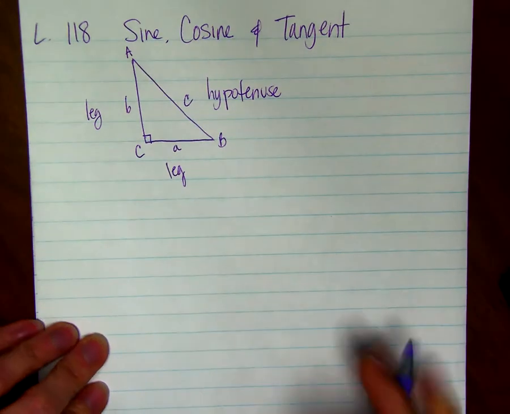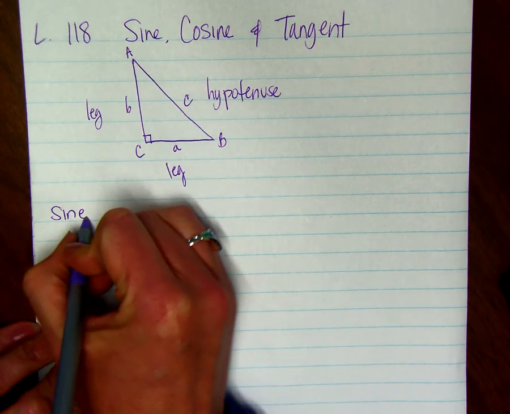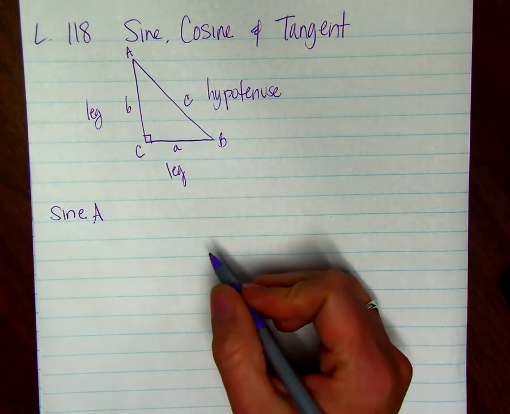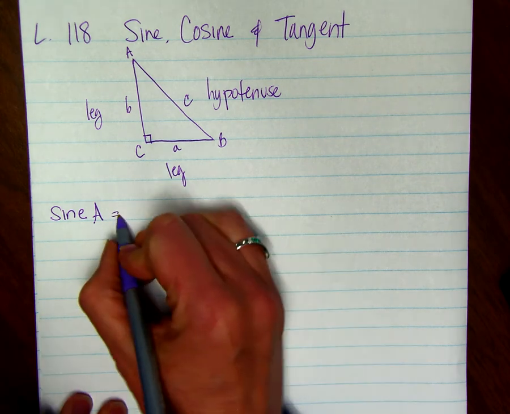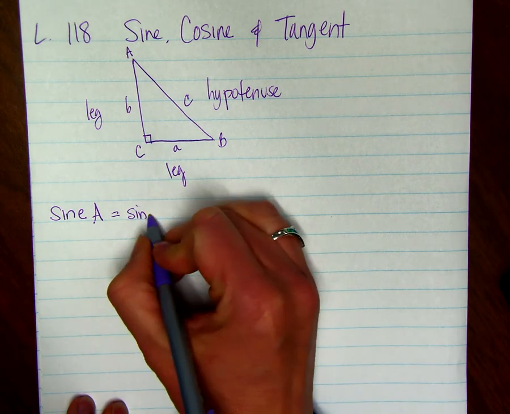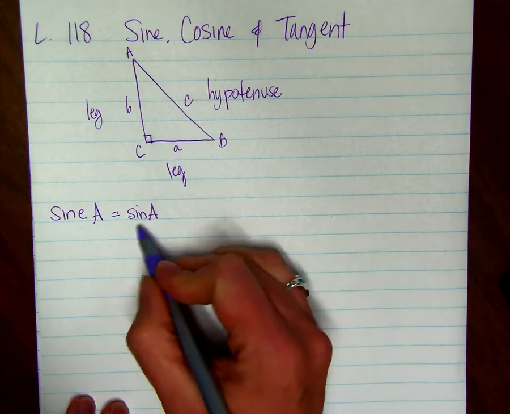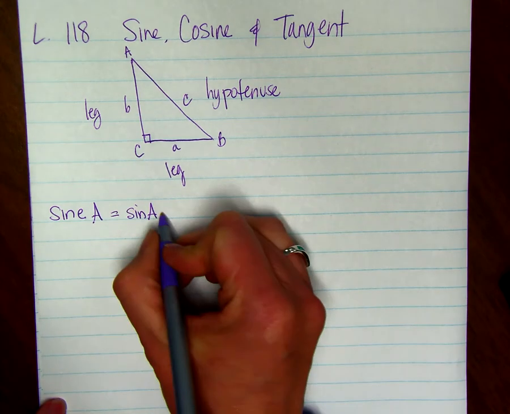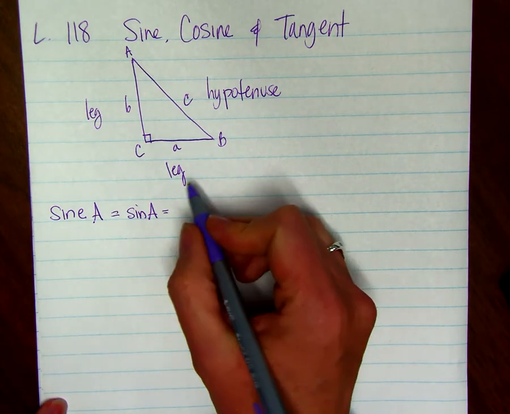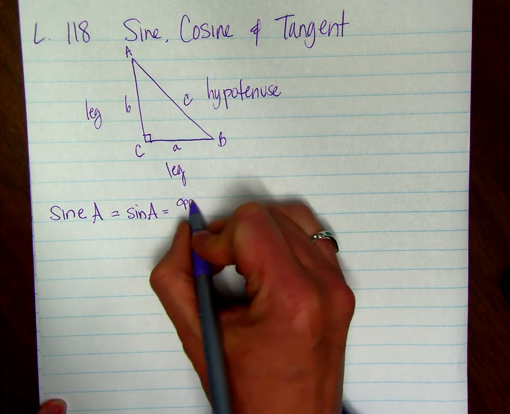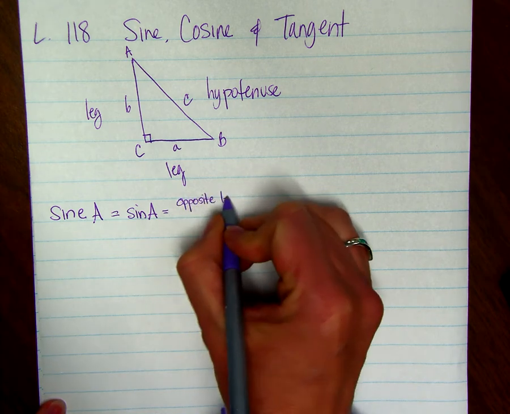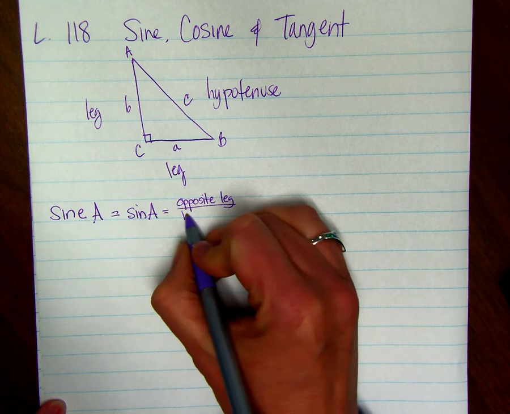If we want to find the sine of angle A, we write sine as S-I-N of A. It's still read sine of A. That is a ratio between the opposite leg and the hypotenuse.